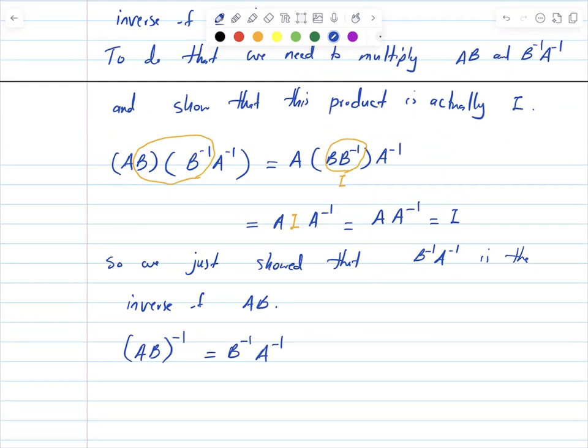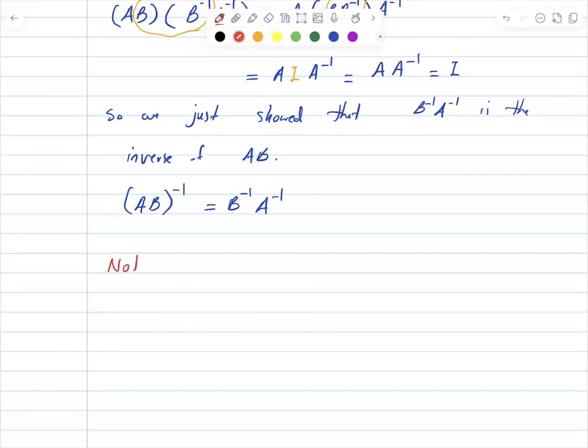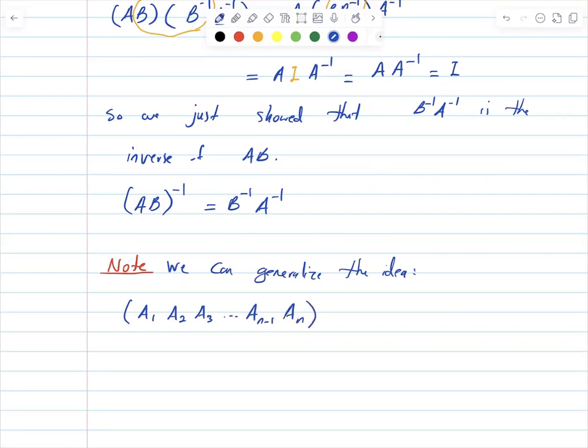You can generalize the idea as well, right? Quick note for you. If I have more products, more multiplication, we can generalize the idea. If I have some matrices, A sub 1, A sub 2, A sub 3, A sub 4, A sub n minus 1, A sub n, these are invertible matrices. They are multiplied together. I want to find the inverse of their multiplication.